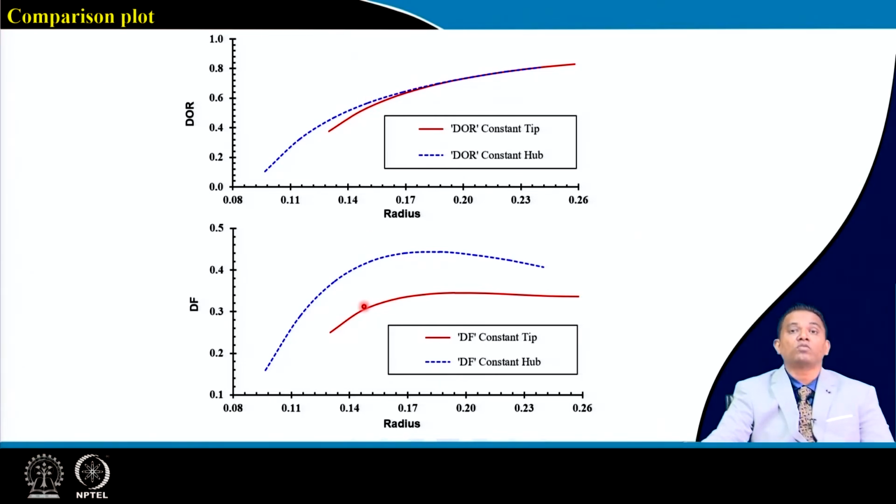In the same way, to compare the diffusion factor, we know our diffusion factor is a function of solidity, and for the solidity calculation we have our chord as well as our number of blades. Though we have selected the number of blades to be the same, my chord was coming out different, and that difference in diffusive action is reflected here. Again, this is a function of delta beta also.